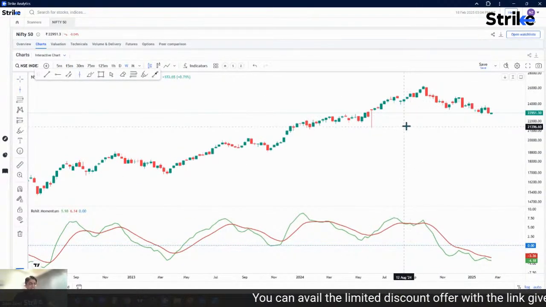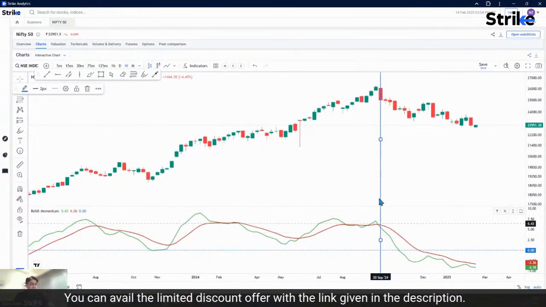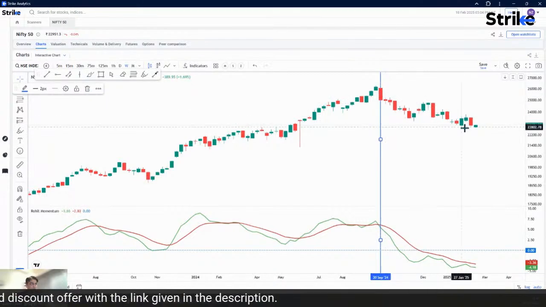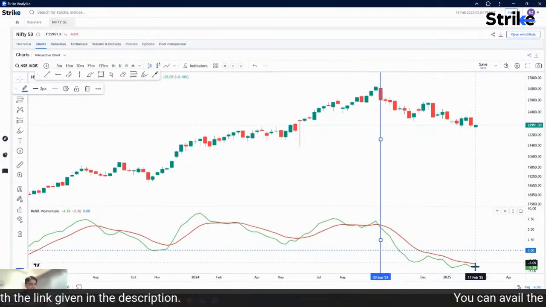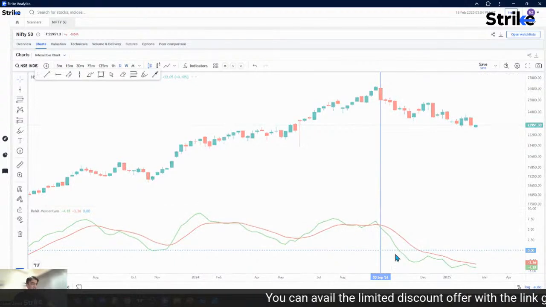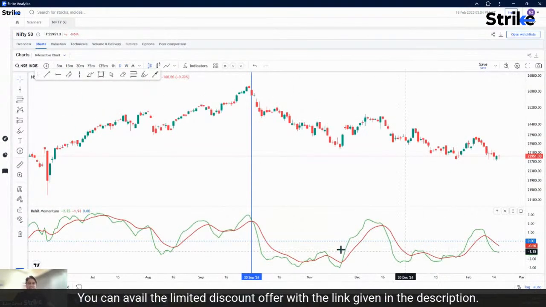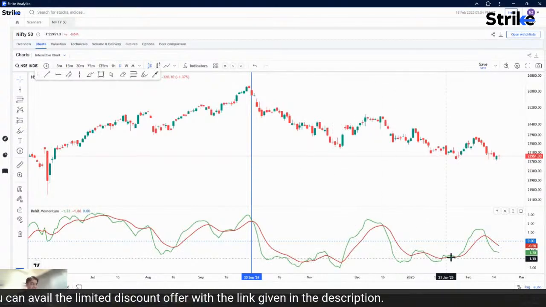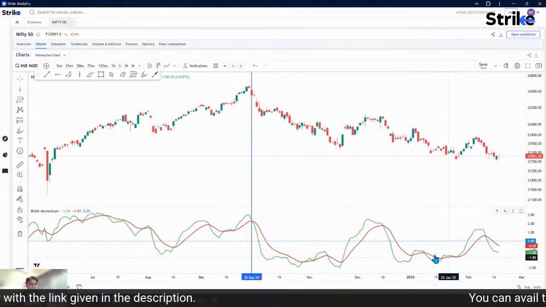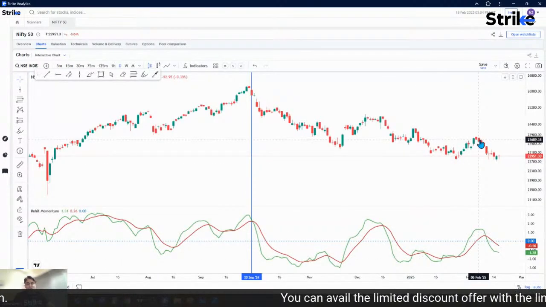So as an investor, when RMI has already given a strong sell signal, a new sell signal over here, until and unless RMI does not give a new buy, what can be done is on the daily time frame chart, you can ignore all these buy signals that got generated, which gave only a short term rally. Sometimes it never gave a rally, sometimes it gave a very short term rally.